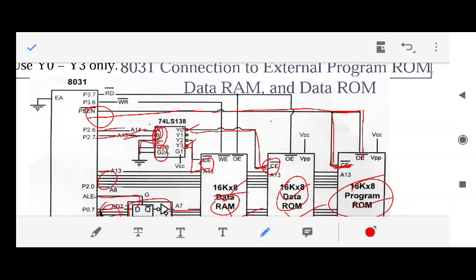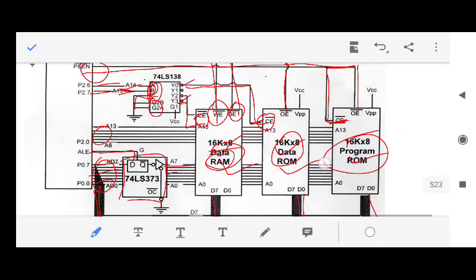Data ROM. So its output enable signal would be connected to where? Read bar. Yes. And this is RAM. So RAM has both write enable and output enable. Where would they be connected? They would be connected to read bar and write bar of the 8051, and your question number 7 is done.